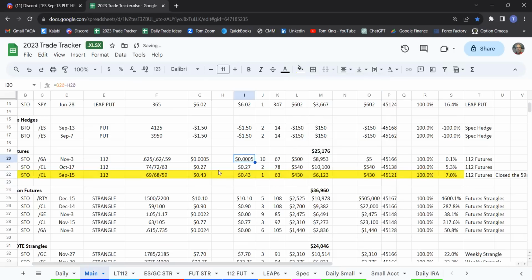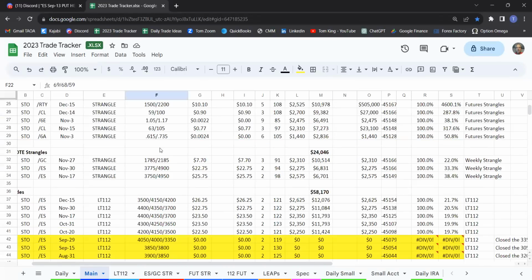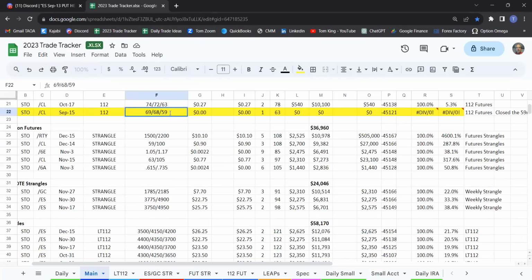And essentially what that means is I will no longer have a credit on this trade, and I'm no longer using buying power on this trade. So this trade is now just a put debit spread. In fact, I will even take the 59 off, and now it's just a put debit spread.